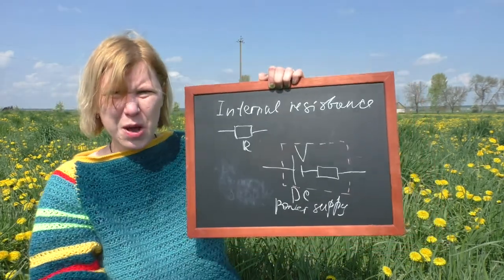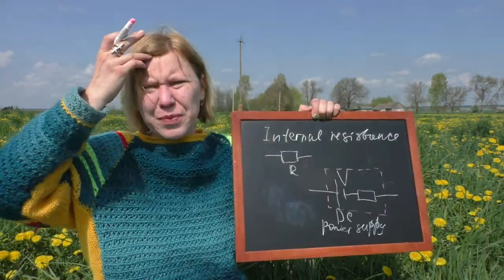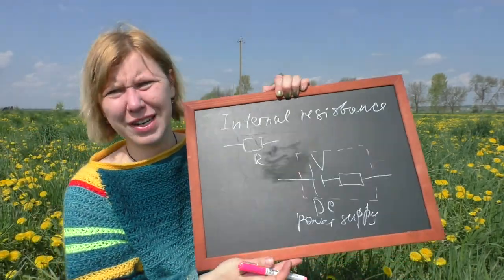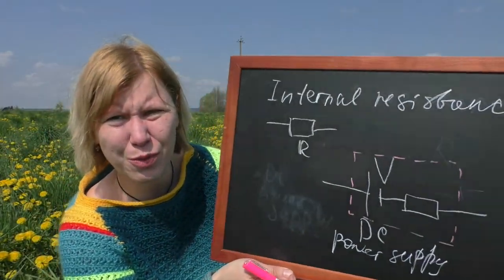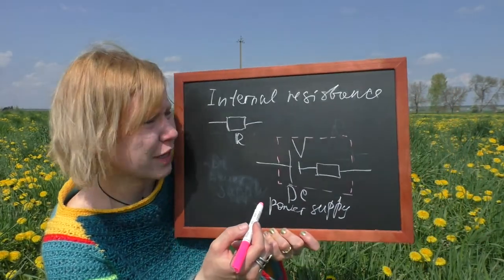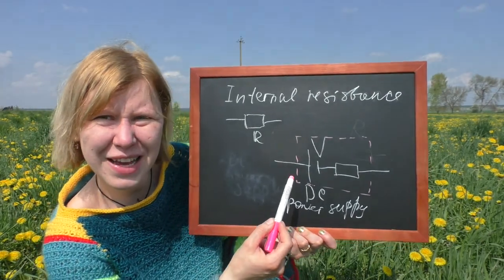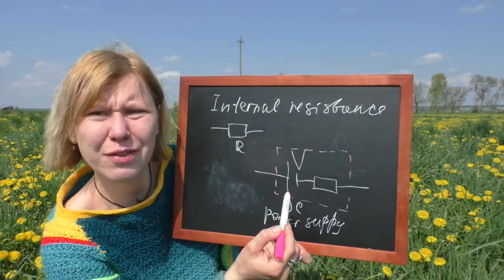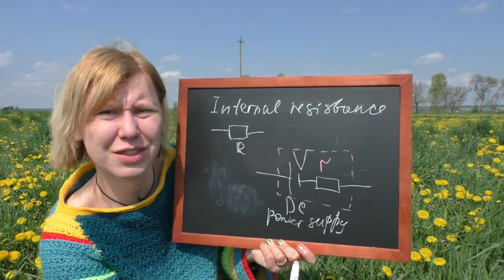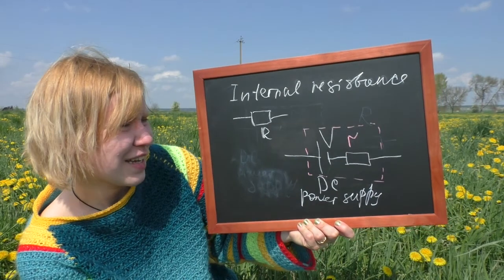So when we put a real battery into the circuit, which gives all our electrical tools the opportunity to work, we usually have a direct current power supply inside it, and we also have internal resistance. Internal resistance is usually marked as small r.